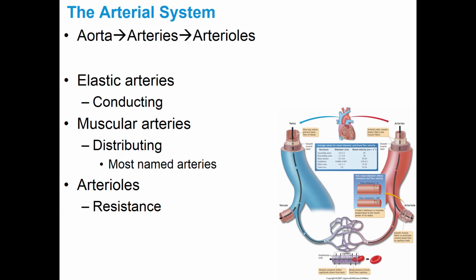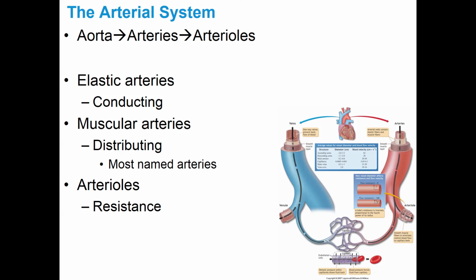And so they vary in size quite a bit. Some of them, like the femoral artery, are pretty big, about the size of your pinky, as opposed to some of the others that are in the hand, or in the foot even. Those tend to be a little bit smaller, closer to the size of a pencil lead in a mechanical pencil. But what they do is they help distribute blood flow out into those arterioles, and then the arterioles essentially precede the capillary bed.